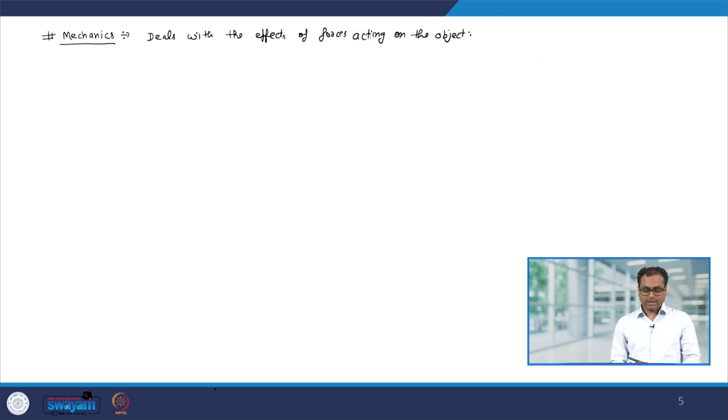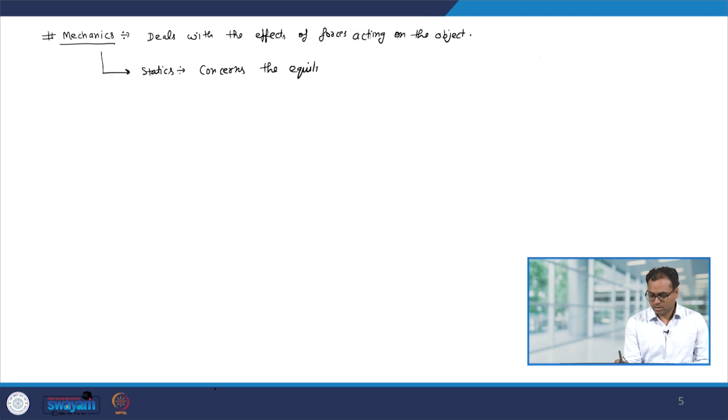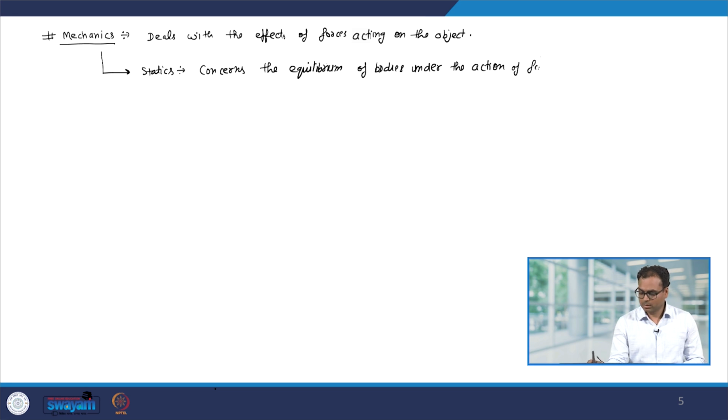And it has broadly two parts. The first one is statics, which concerns the equilibrium of bodies under the action of forces.